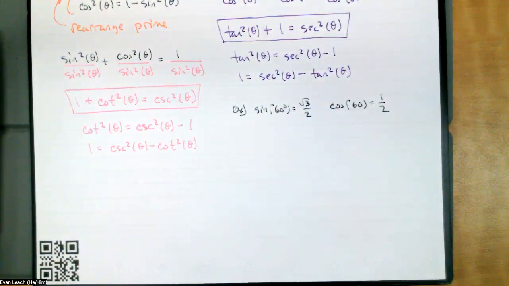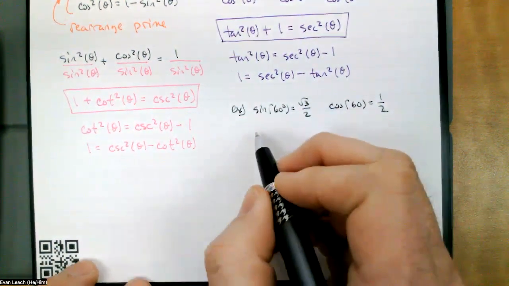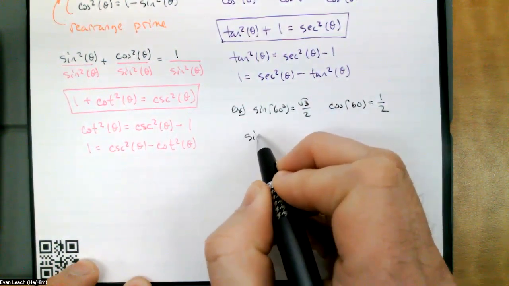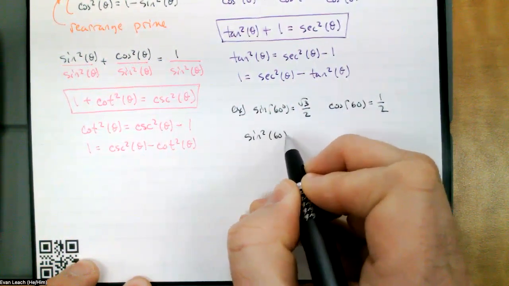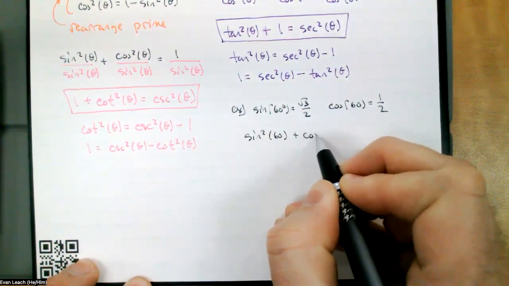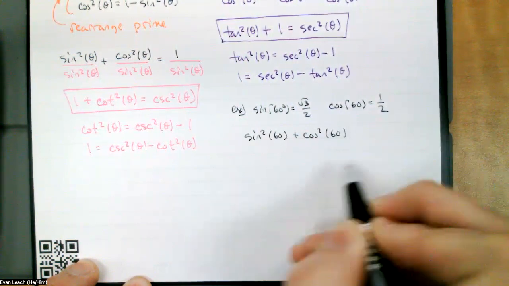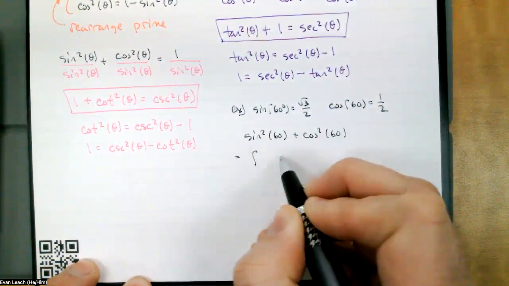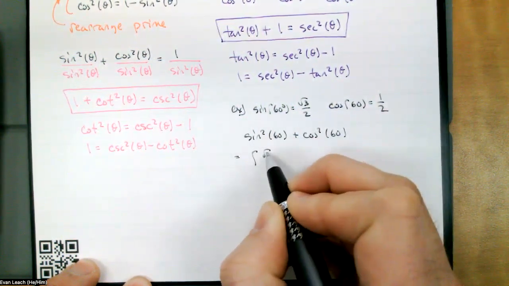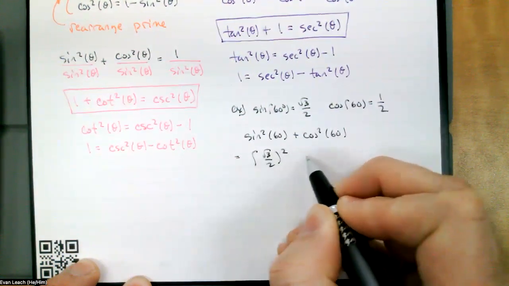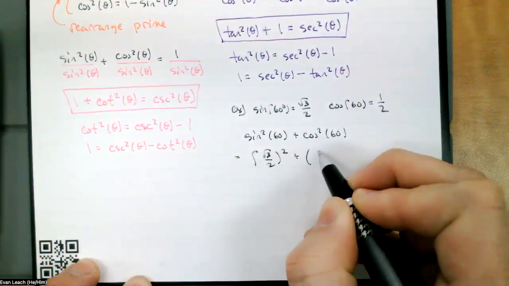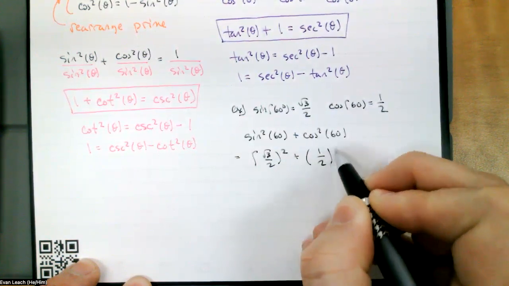If we put these into the Pythagorean identity, we should get 1. So if we do sine squared of 60 plus cosine squared of 60, sine of 60 is root 3 over 2, and we square it. Cosine of 60 is 1 over 2, and we square it.